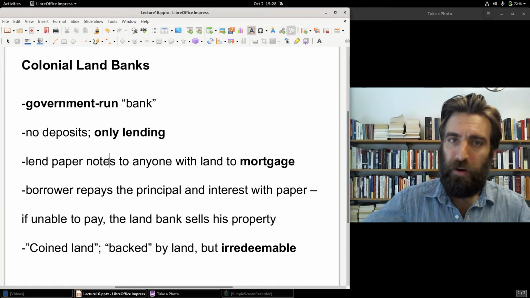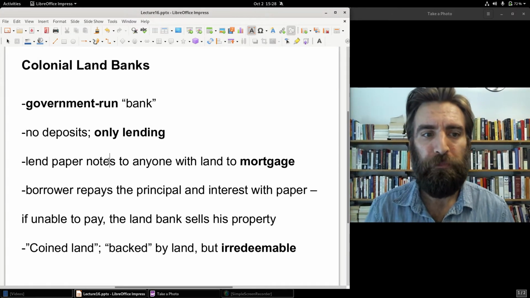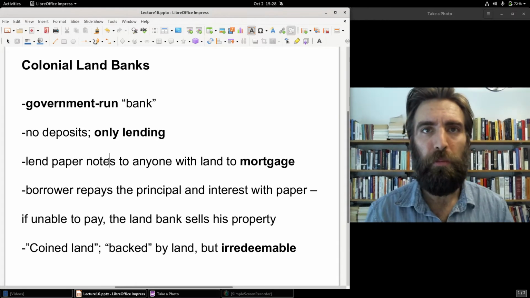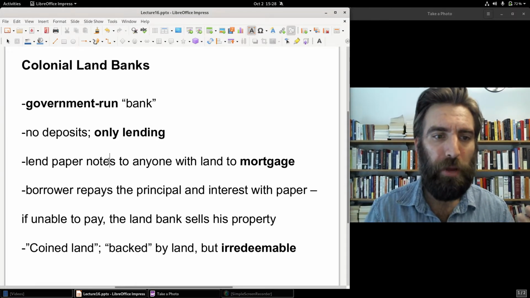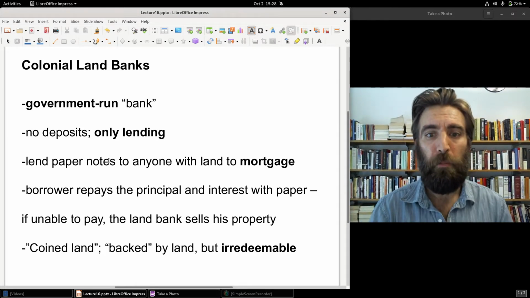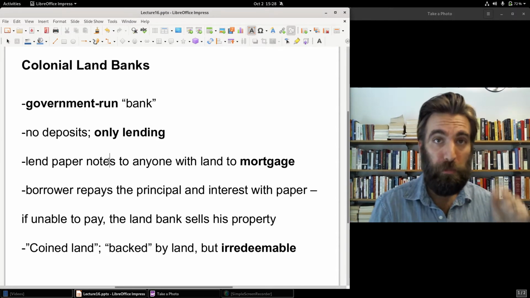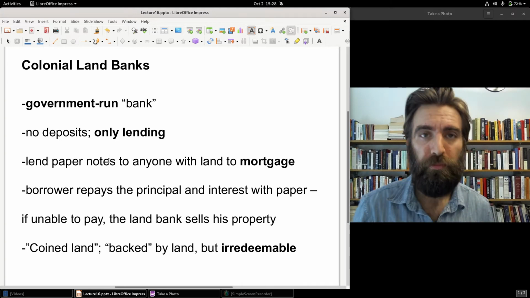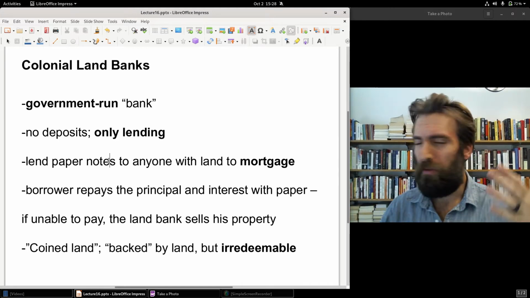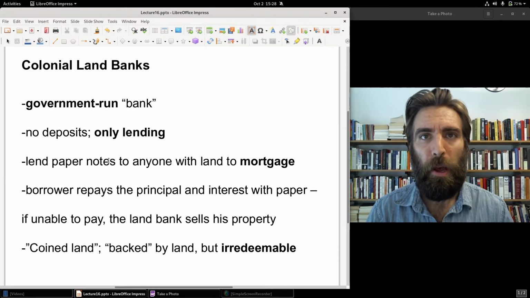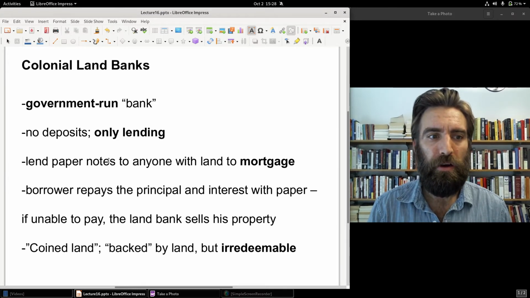And then over a period of years, the borrower would make yearly installment payments on the principal plus interest with those paper notes. And you may ask, well, why did he borrow paper notes to begin with if he's just going to pay them back all over again?